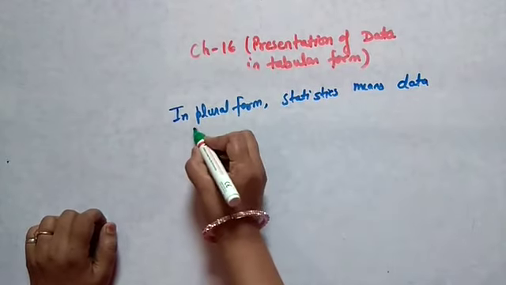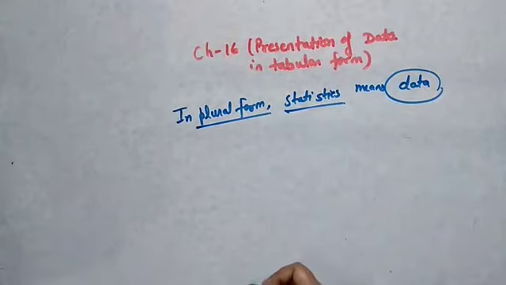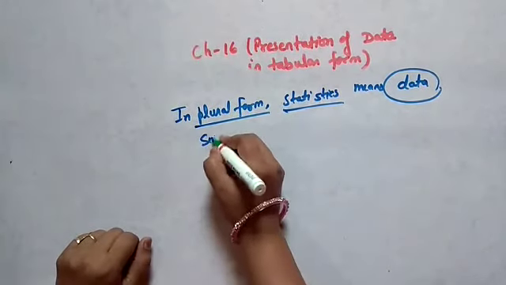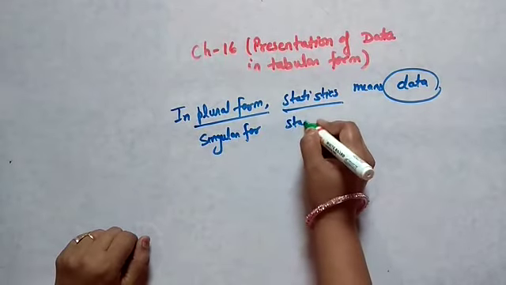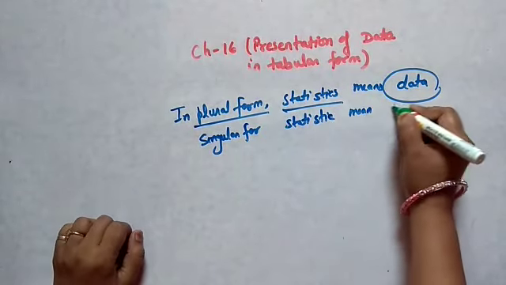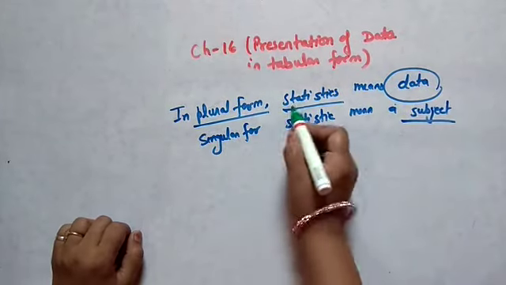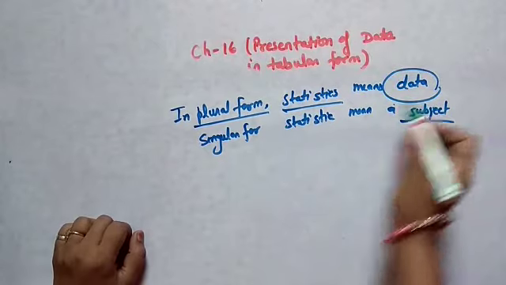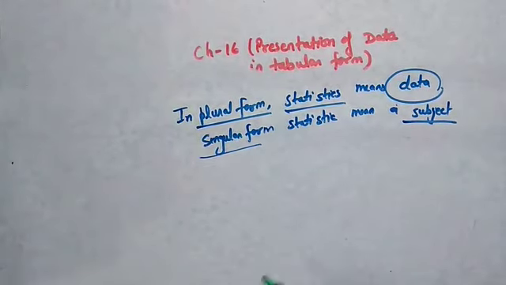Okay, if anyone asks you that what is the plural form of statistics, you can say data. And in singular form statistics means a subject. Okay, plural form of statistics is data and singular form of statistics is subject. Okay, so I hope this is clear to you that what is the meaning of statistics.